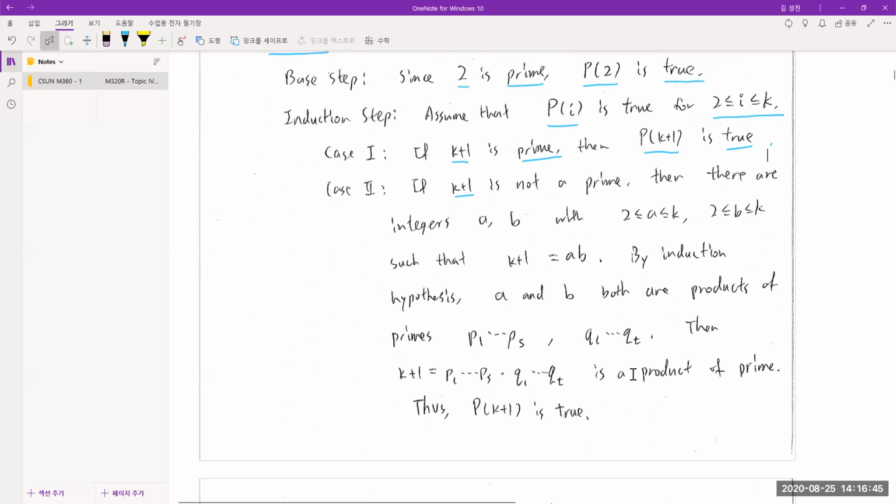Case 2 is when k plus 1 is not a prime. Case 1 and case 2 are mutually exclusive. Then there will be integers a and b, with a from 2 through k and b from 2 through k also, such that k plus 1 is a times b.